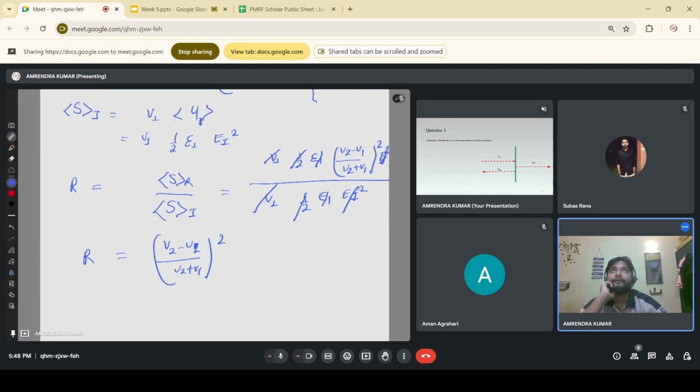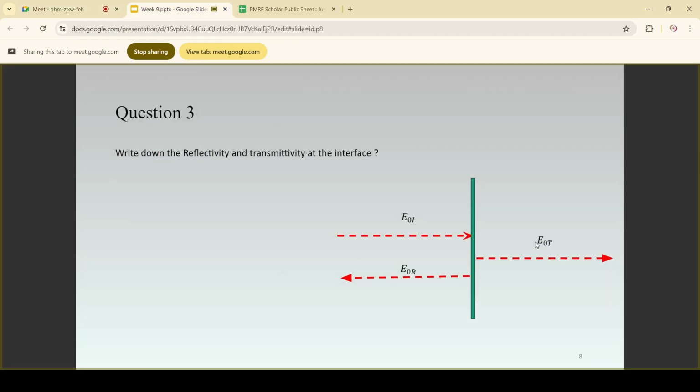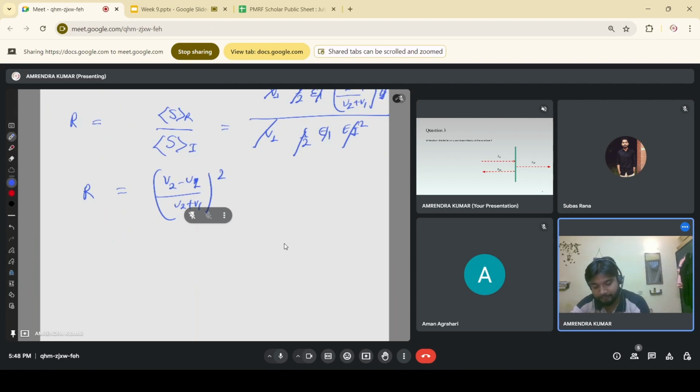Now, what you can do with the transmittivity coefficient? For that, we have to do the same thing. The same thing you see for the transmitted one, that's E_0T. So you can do that also.